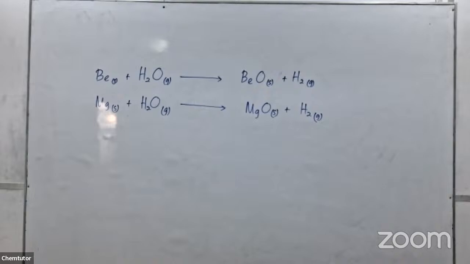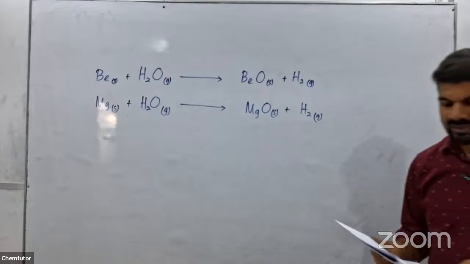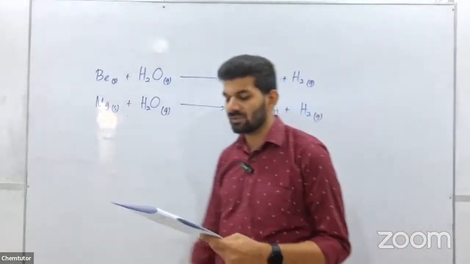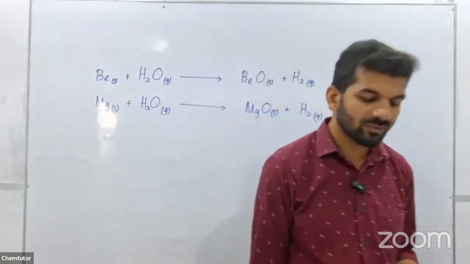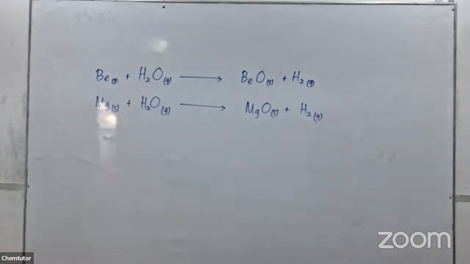Then let's move on to page number 7. Turn to page number 7. Question number 10: taking sodium as an example, explain the reactions of group 1 elements with air.